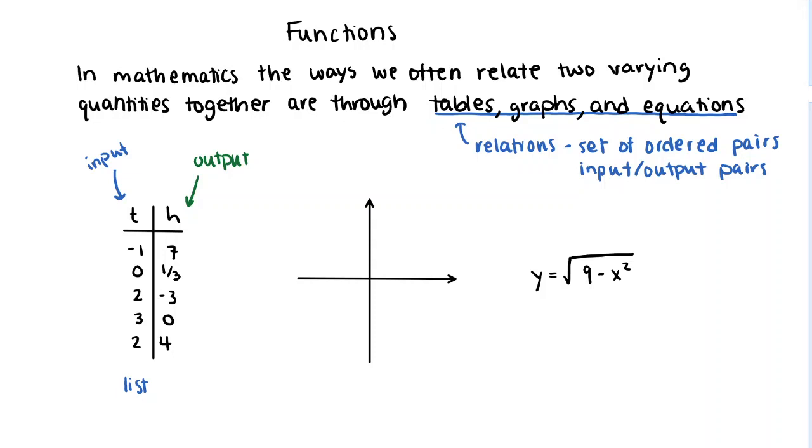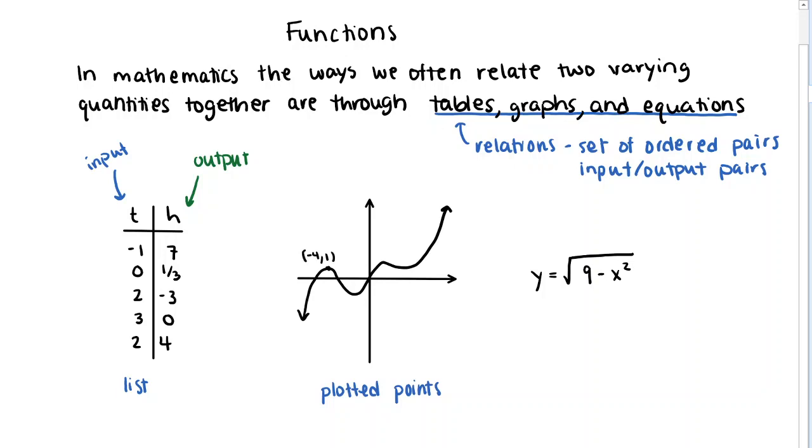Now when it comes to graphs, this way of writing out ordered pairs is through plotting them, drawing out the points. Those are the ordered pairs being described by the graph. So if I draw this curve here, there are a few points on this curve, and those are the ones being described in the relation as a set of ordered pairs. Here, for example, maybe this point here is the point (-4, 1), or maybe this point here is the point (6, 5).